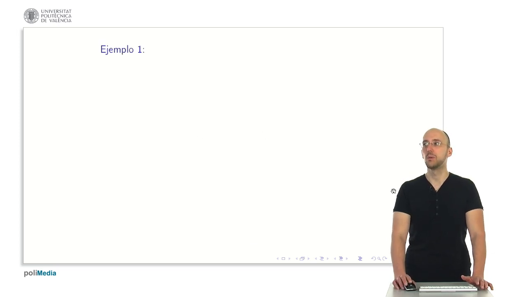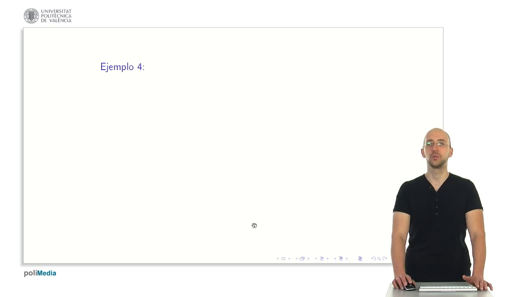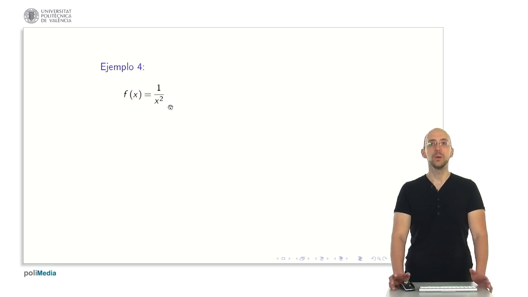We are going to try to apply this property to the new case that we have here. And now allow me to go a little more forward. Here, we are going to try to apply that previous property, and this one, to some new examples. Look, imagine that we have the function 1 over x squared. In principle, with the initial formula, we wouldn't have any idea how to differentiate it. But if we apply the note that we have seen a little while ago, we can rewrite it as x raised to the power of minus 2.